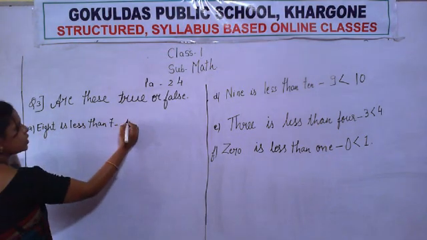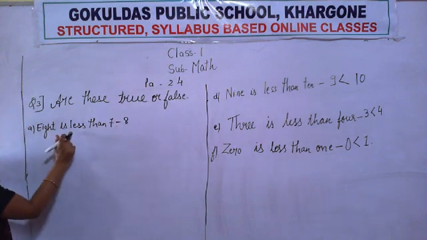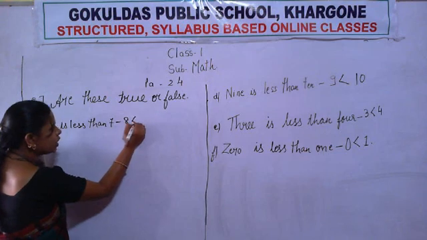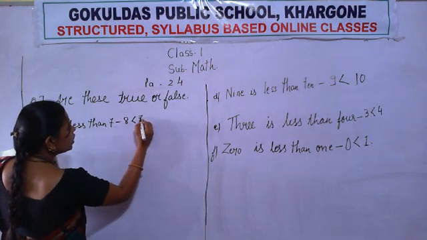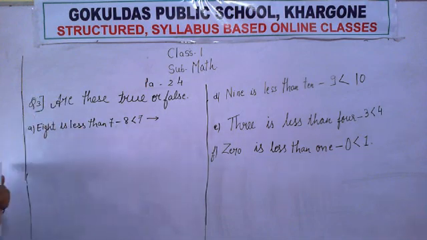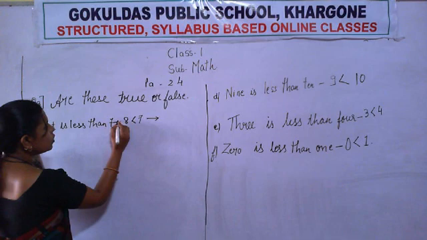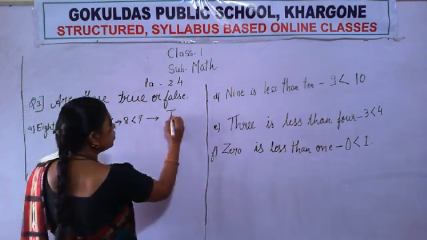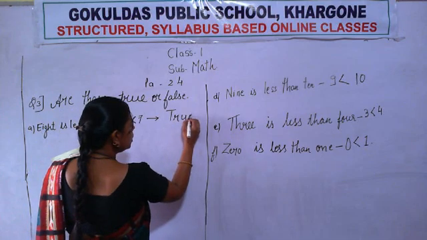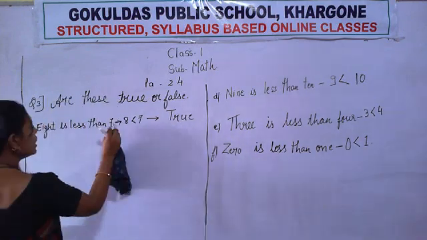First write 8. 8 is less, that means we have to make the sign of less than. 8 is less than 7. Okay, so is this true or false? This is true. So write here true. That means the statement that is given is correct.